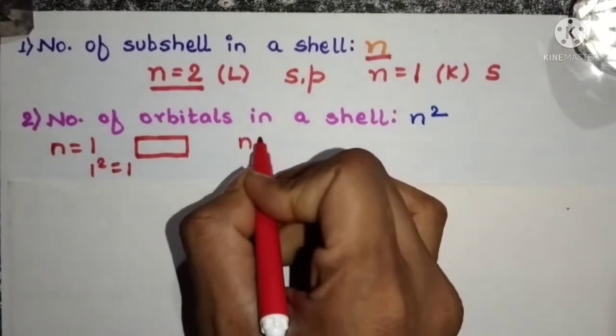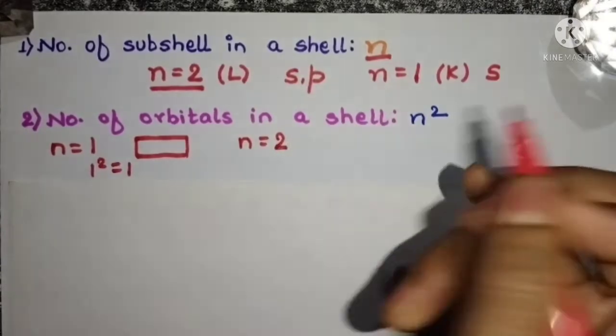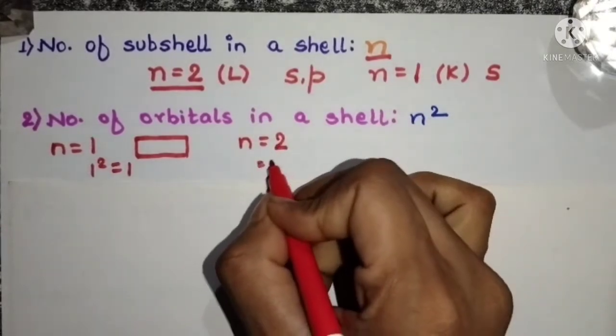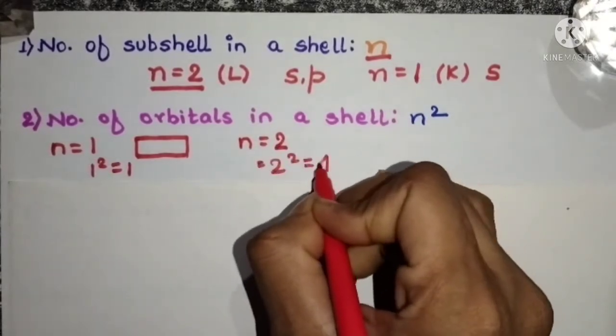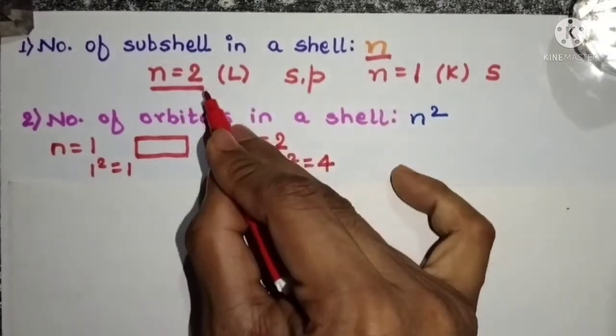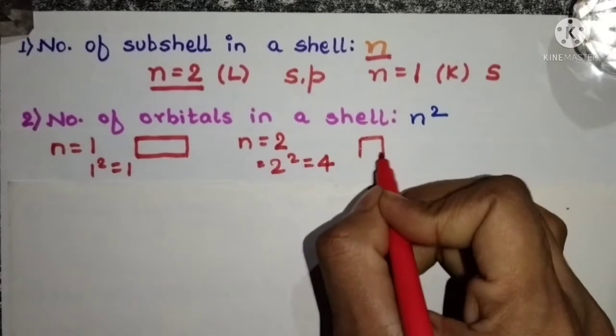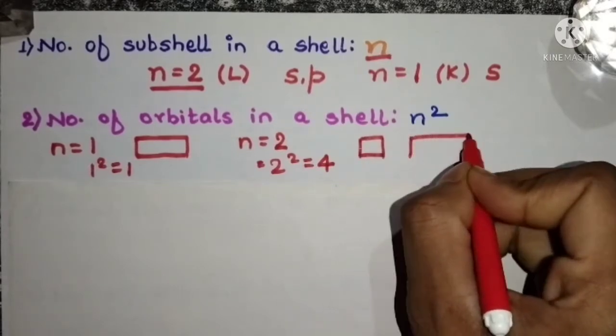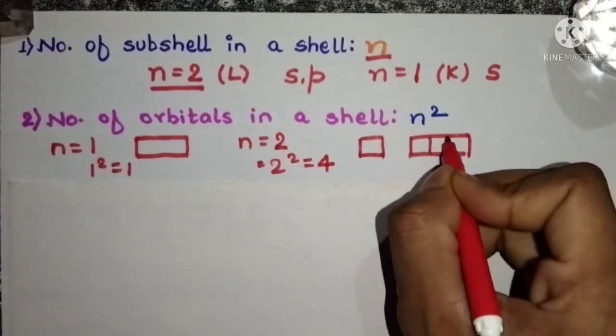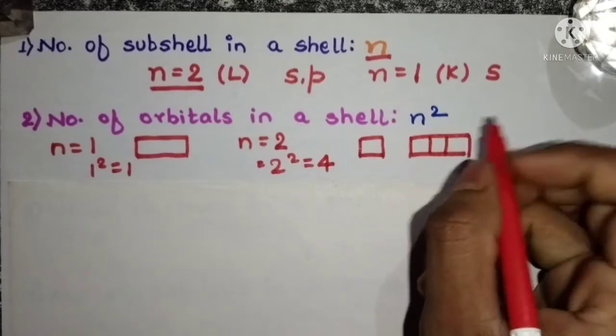If n equals 2, then the number of orbitals is 2 square, that is 4. The subcells are S and P; S has 1 orbital and P has 3 orbitals, and 3 plus 1 is 4.